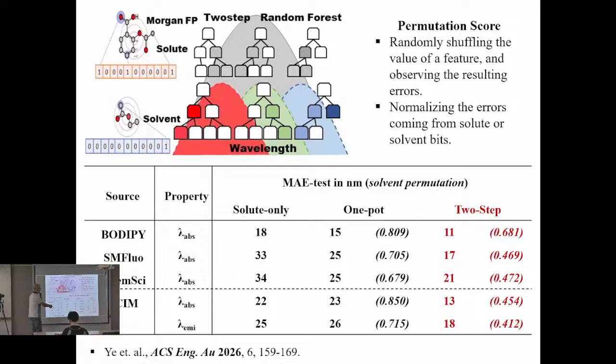The numbers in the parentheses represent how much this solvent contributes to the prediction. This is smaller, this is way bigger. And this gives you a more chemically intuitive result, because solvation should be minor compared to the solute contribution. So that's how we learned about this study.